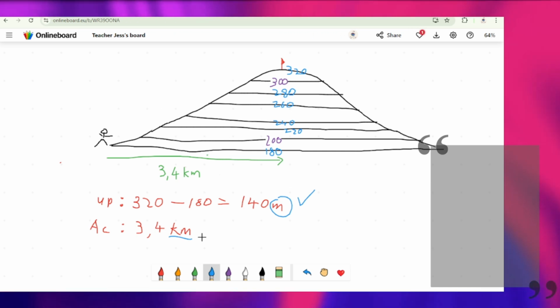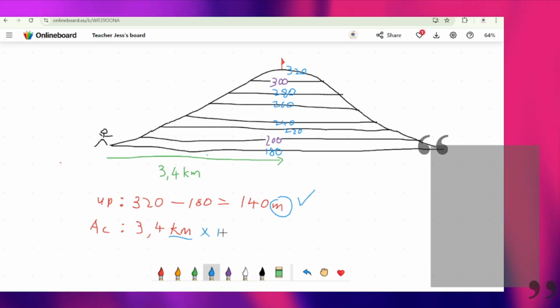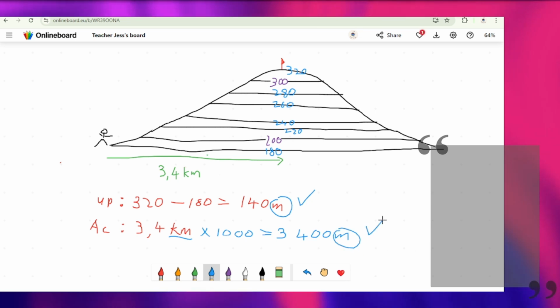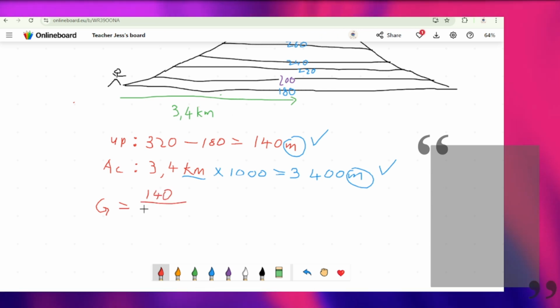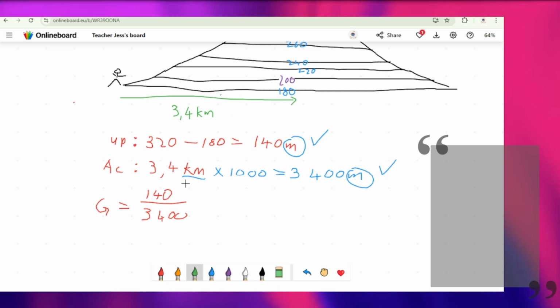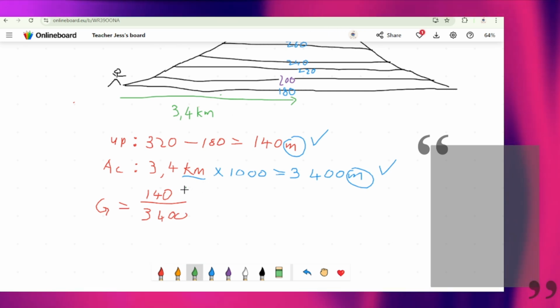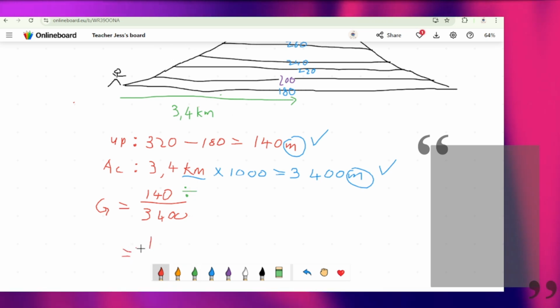So to convert from kilometers to meters, we have to times 1,000. Now I'm happy. Now my answer is in meters. So my gradient is my up 140, oopsie, over 3,400. I'm actually just going to jump straight to the final answer of 1 over something. So we want a 1 over something.